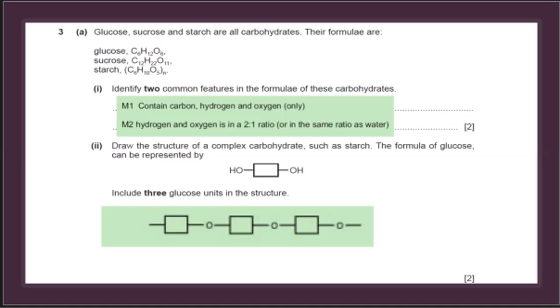So draw the structure of a complex carbohydrate, such as starch. The formula of glucose can be represented by this below. And they ask you to include 3 glucose units in the structure. So from this monomer, hydrogen is going to be removed, and OH from the next structure is also going to be removed.